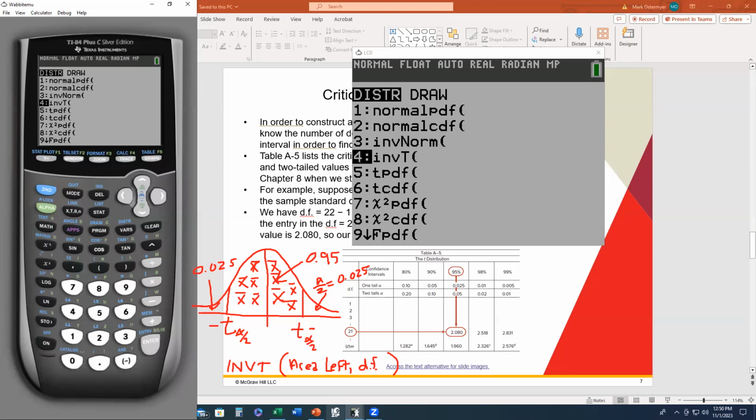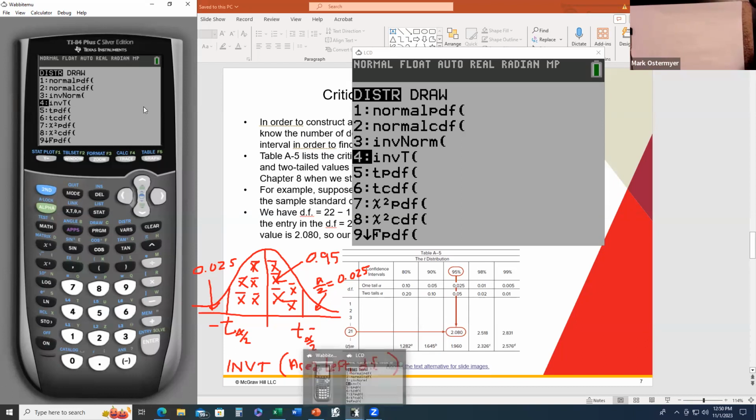Let's see. Yeah, T distribution here. Okay, it's appendix A-5. In fact, let's go to that table, okay?